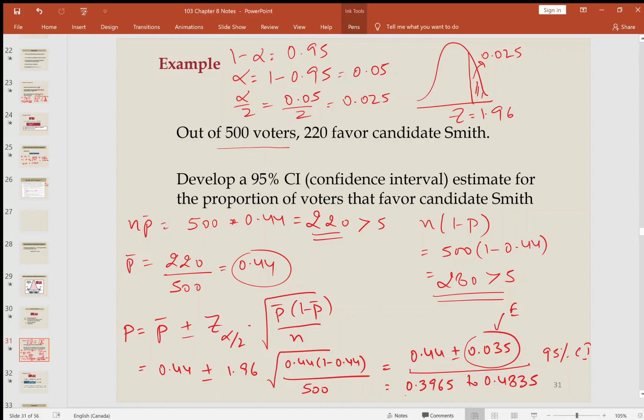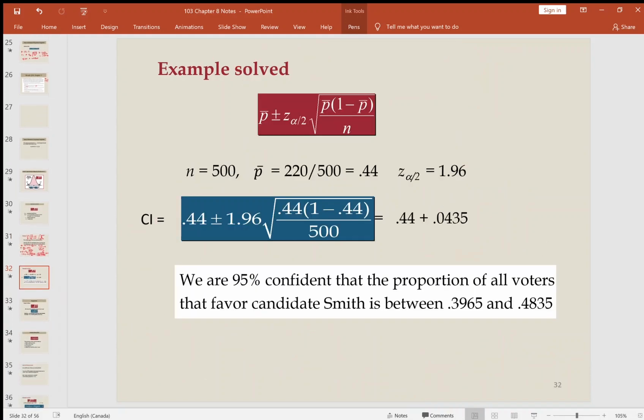Okay, so out of the total number of voters in this area, we can say with 95% confidence that the proportion of people who will be voting for candidate Smith ranges from 0.3965 or 39.65% to 48.35%, right? And that we are saying on the basis of a sample of 500 voters. So that's pretty neat, right? So you can go to this slide, the next one, and here the calculations are done.